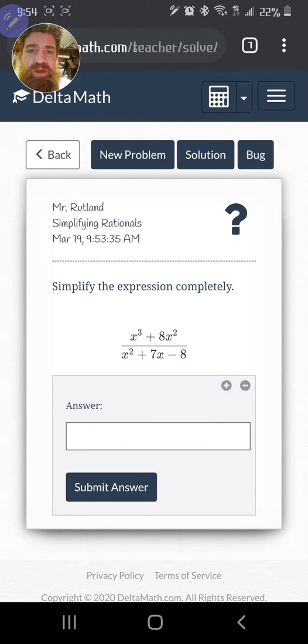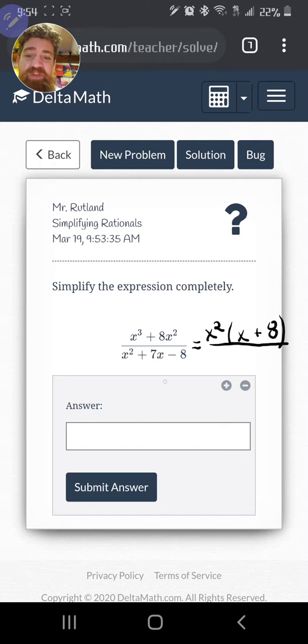What we have to do is factor the top and factor the bottom of this fraction. The top, x cubed plus 8x squared, has a GCF. x squared divides out of both of those terms, and when you divide it from the first term, you're left with x. Divide x squared from the second term, you're left with plus 8. Now we go to the denominator and do the same thing. It's a trinomial, so we're going to use our product-sum rules.